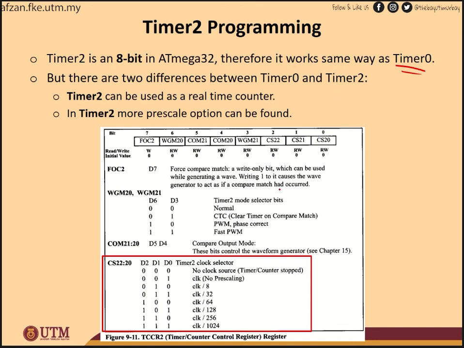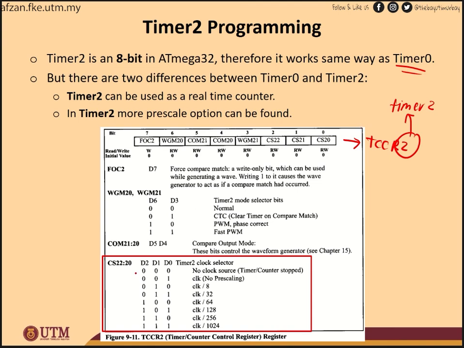Okay, if you see here, this is your TCCR2, because you're going to use the timer 2. So, of course, here you're going to use the TCCR2. In the TCCR2, you have more prescale options compared to your timer 0.